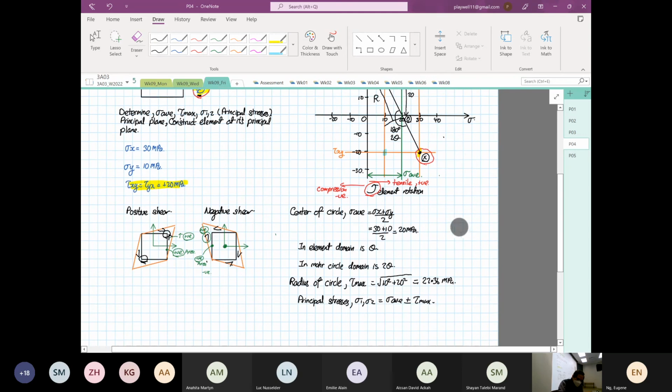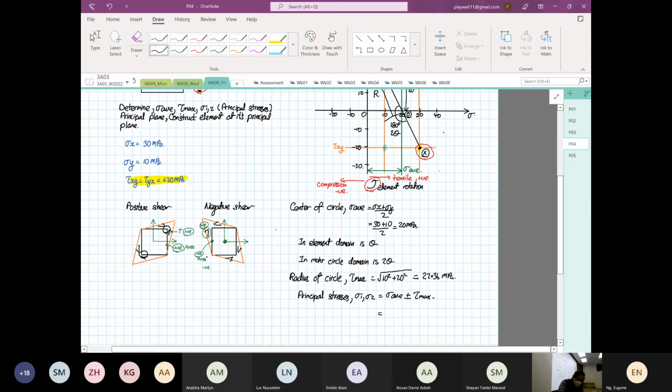So your average stress is 20 plus minus 22.36, which equals 42.36 megapascal or minus 2.36 megapascal.